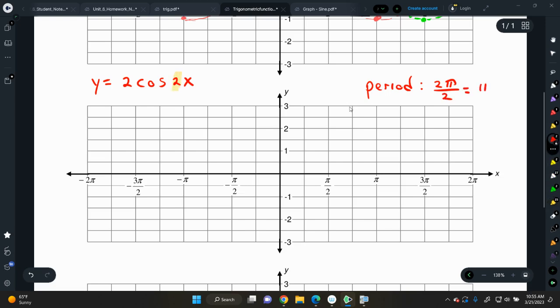So the period is pi. So at 0, we're crossing the y-axis. So the amplitude is 2. So we're going to put our point here at 2. At pi, I also put my point at 2. Halfway in between, I'm going to go the other direction, and we're going to go down to -2. Okay. Halfway between those points, it crosses the x-axis.